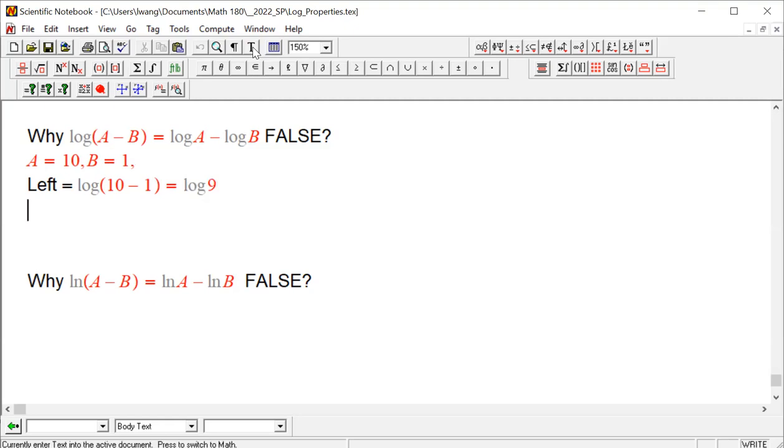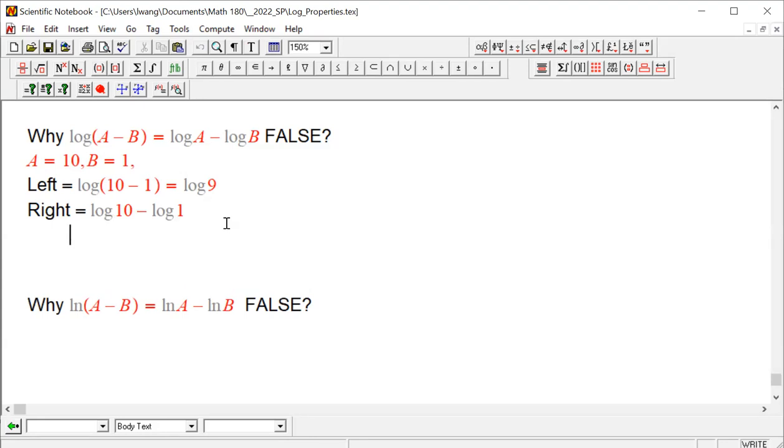How about the right-hand side? The simpler, the better, because we just want to make the point. In log A, A is 10 and B is 1, so log 10 equals 1, and log 1 equals 0. So in the end, we get 1. 1 equals common log 10. And obviously, log 9 is not the same as log 10.